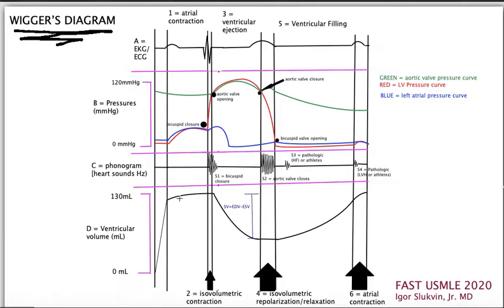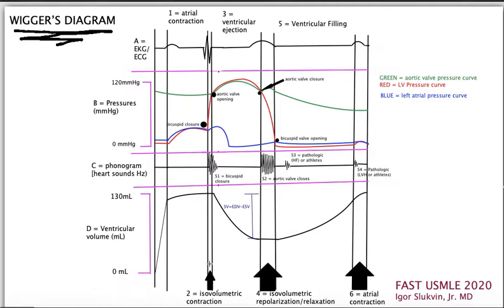So it only pumps about 20% during atrial contraction because you have your passive filling. Left ventricle fills up about 80%. You have your atrial contraction here. And right here, let's move on to 2.